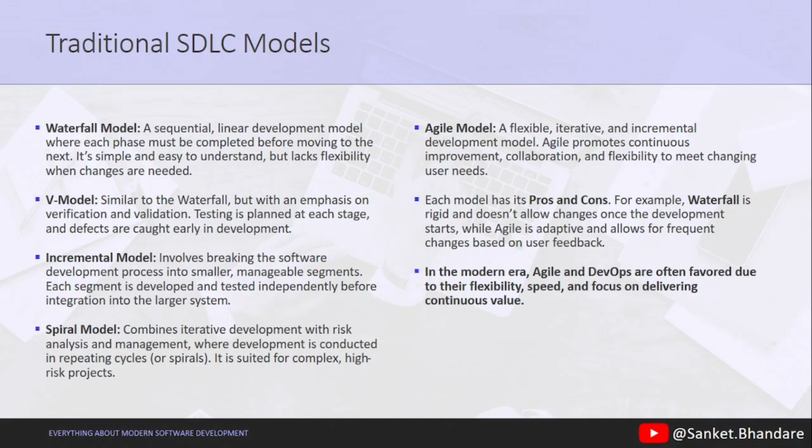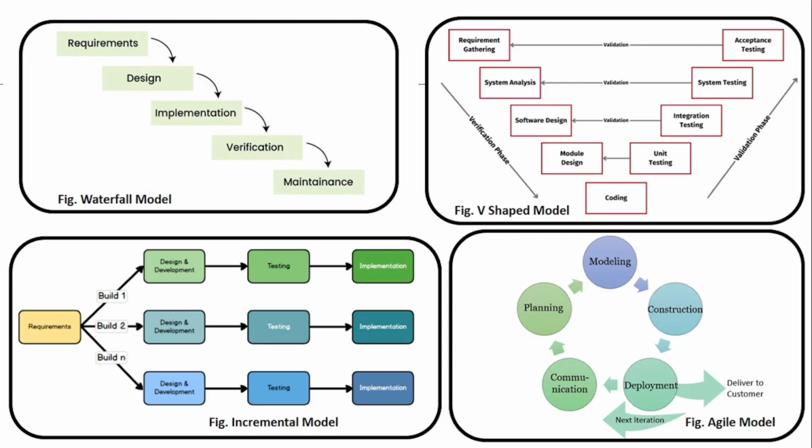Next one is the V model. It is similar to the waterfall model, but with an emphasis on verification and validation. Testing is planned at each stage and defects are caught early in the development. Let me quickly show you how the V-shaped model looks. So this is the waterfall model and it follows a sequential linear development process.